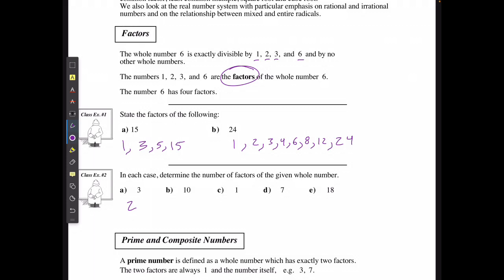For 10, I can divide it by 1, 2, 5, and 10, so it has 4 different whole numbers I can divide it by. The number 1 can only be divided by 1. 7 is going to be 1 and 7, so there's 2 possibilities there. And 18 is divisible by 1, 3, 6, 18, 2, and 9. I have 6 possibilities here.